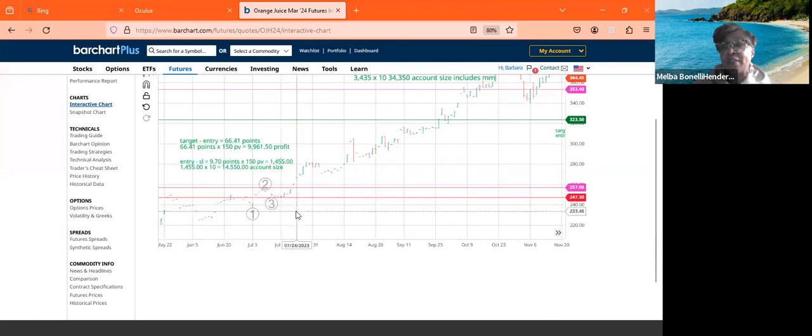So we do the math. You subtract the stop loss from the entry, and you come up with 9.70 points. You multiply that by the point value, which is 150, and you come up with 1,455 as your trailing stop loss value. So that's how much you're risking. Okay.